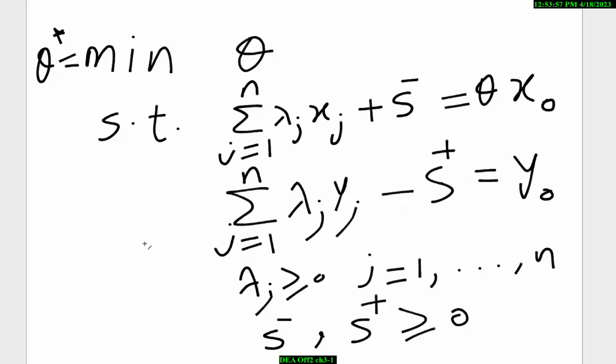So to determine if the DMU is efficient or not, we should solve a two-phase model. The first one is this.